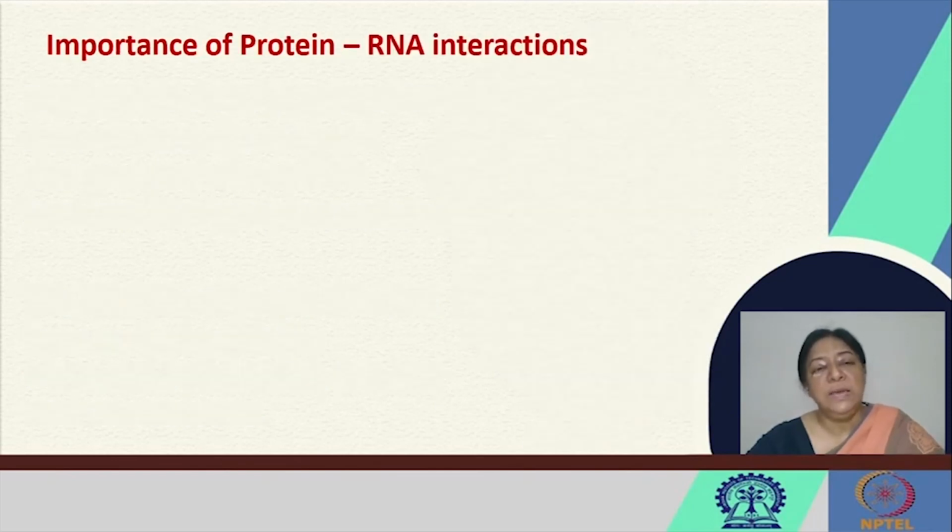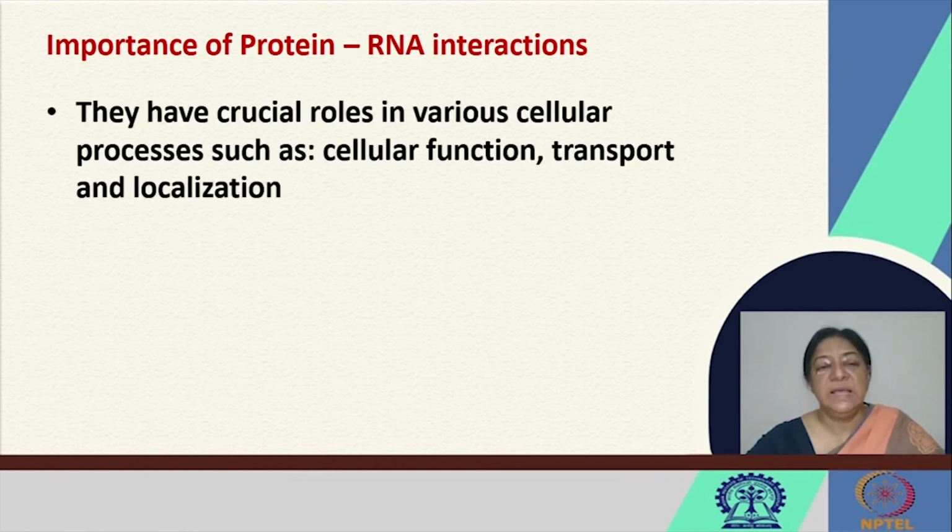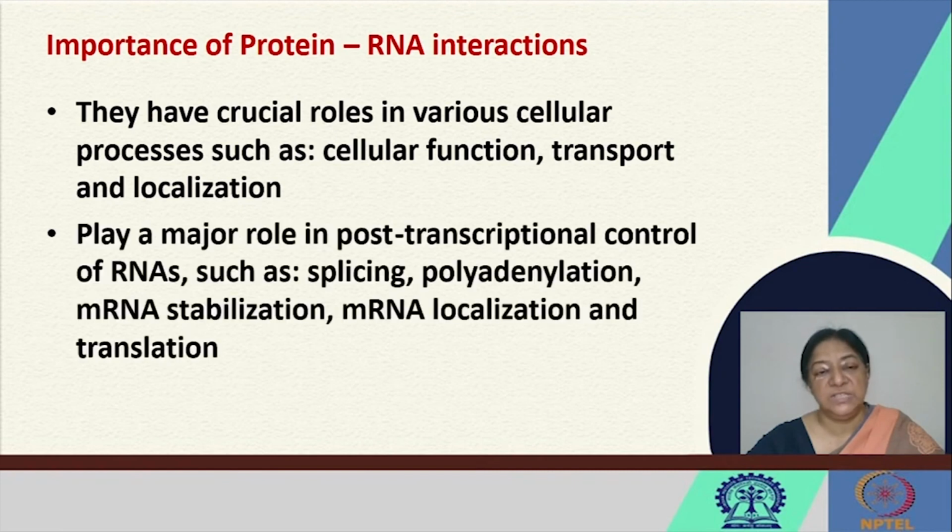So if we look at the importance of protein RNA interactions, we realize that they have very crucial roles in various cellular processes, ranging from cellular function, transport, and localization. They play a major role in the post-transcriptional control of RNAs, such as splicing, polyadenylation, mRNA stabilization, mRNA localization, and translation.